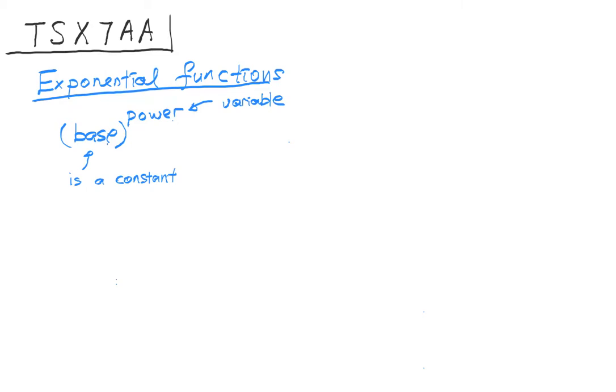If you have an exponential term, that means the base must be a constant. An example of an exponential term will be 2 to the power of x. So this is called an exponential term.